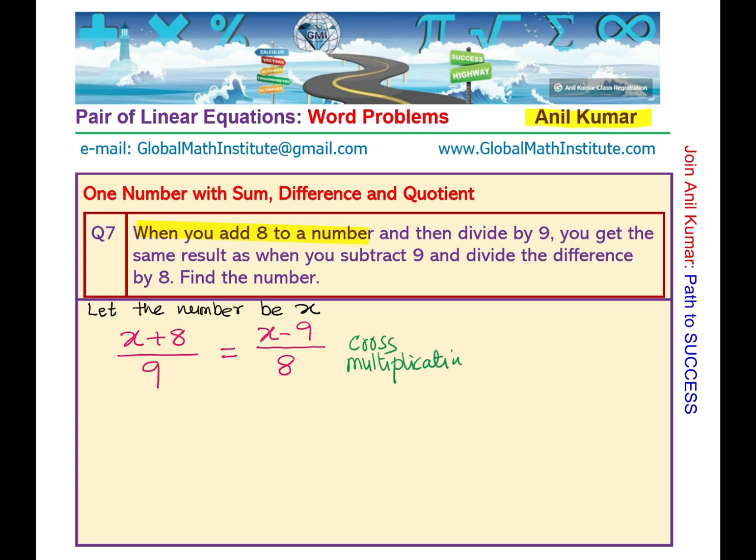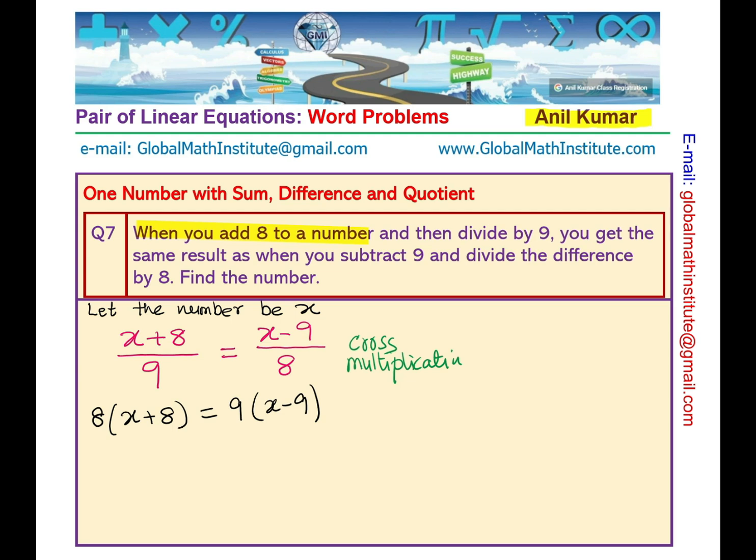So we can say 8 times x plus 8 equals 9 times x minus 9. It is as good as multiplying both sides by 72, the common denominator. So then also you get the same thing.